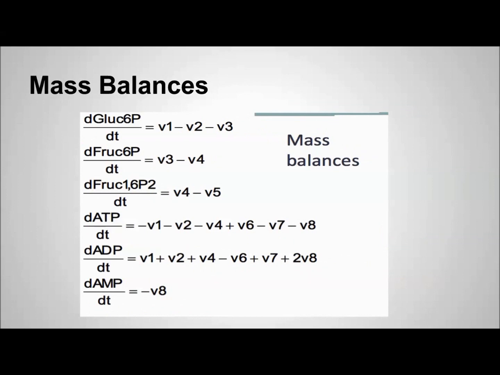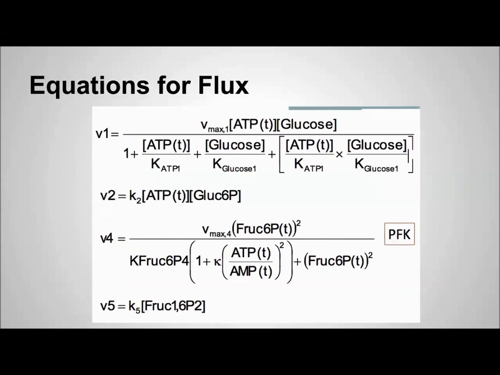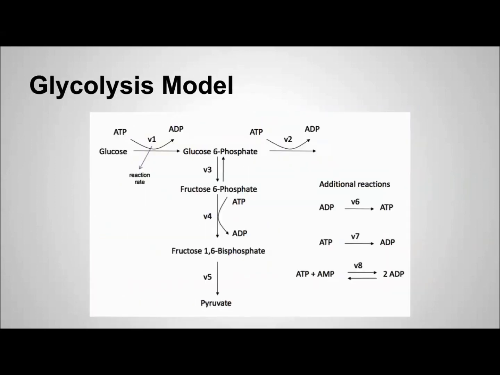Following from start to beginning, we're going to be looking at the change in concentration of those byproducts. First, glucose 6-phosphate, then the change in concentration of fructose 6-phosphate, and the change in concentration of ATP. The way that we're setting up these differential equations is basically with mass balance equations.